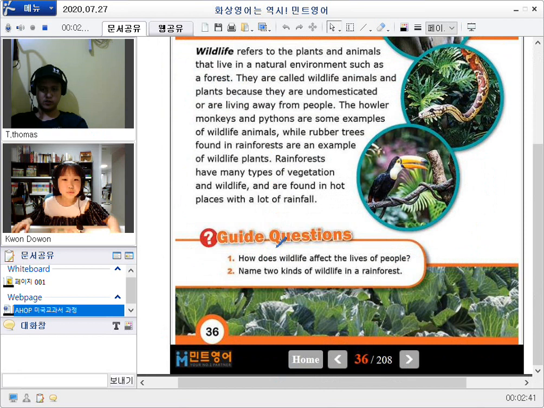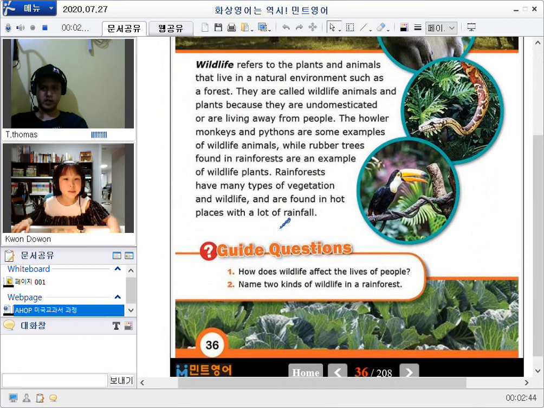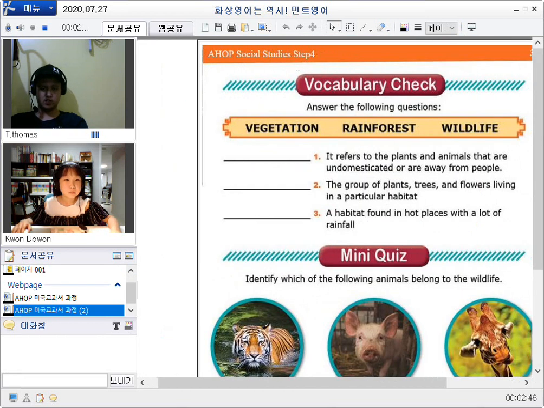Okay, let's go to vocabulary check. Answer the following questions. It refers to the plants and animals that are undomesticated or are away from people. It is wildlife? Um, it is vegetation. Vegetation. Okay.